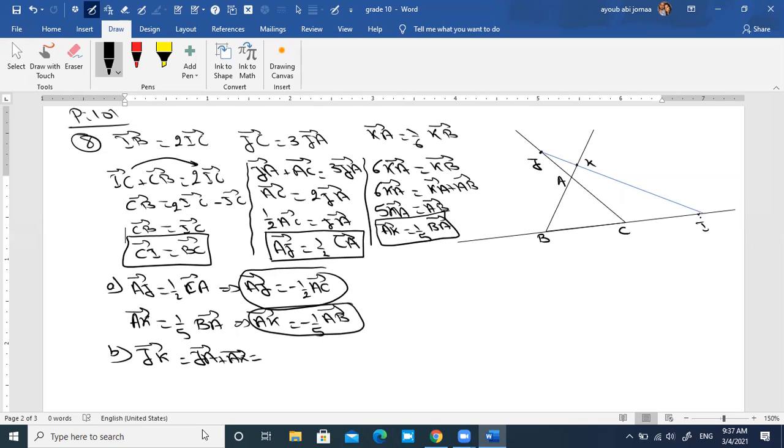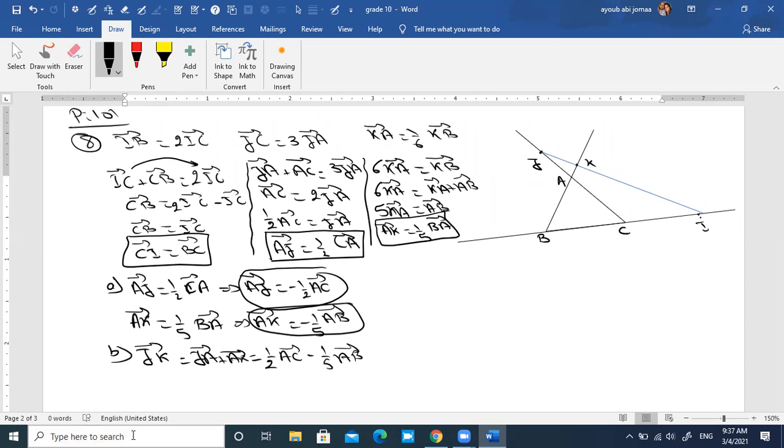AJ is negative half AC, which means that JA is positive half AC, 1 over 2 AC. And AK is negative 1 over 5 AB. Done. Here we wrote JK as a linear combination of AB and AC.